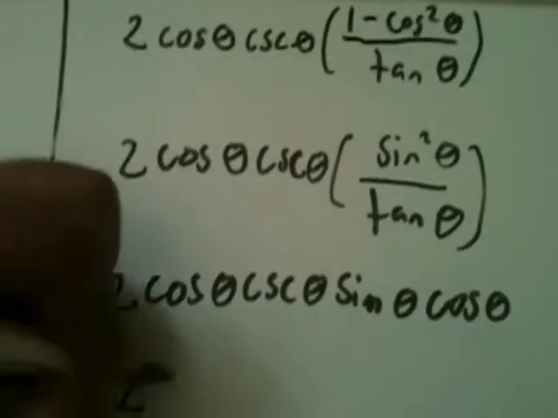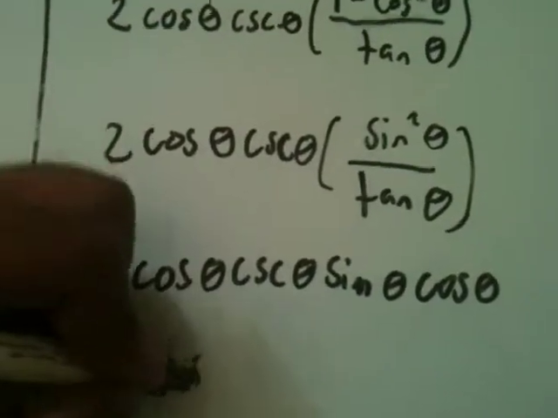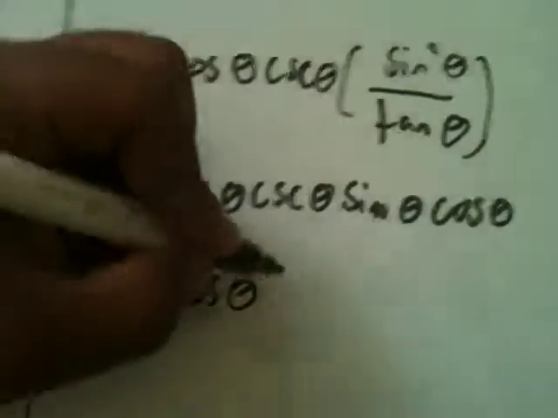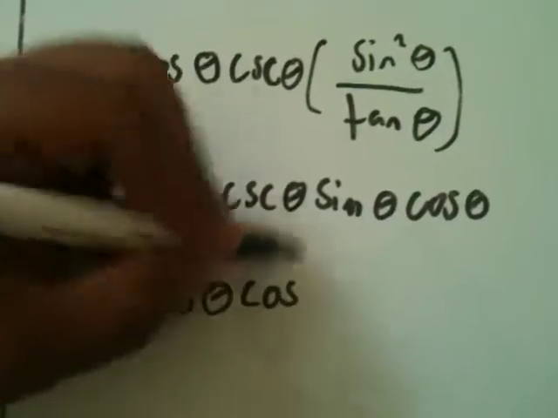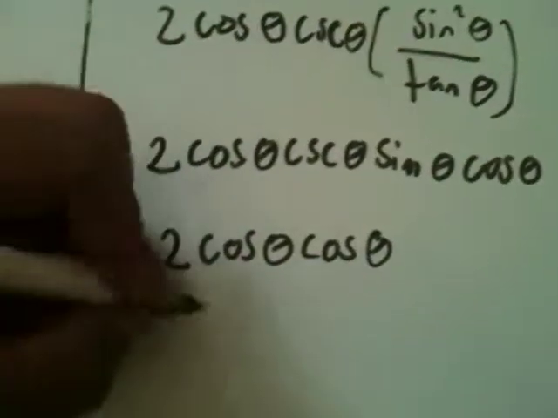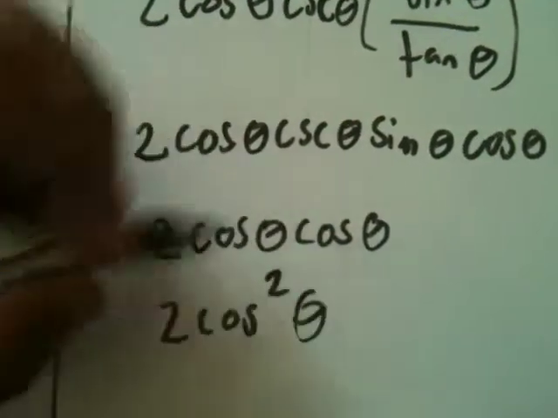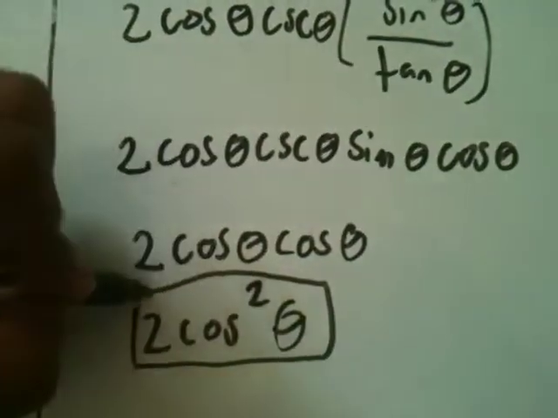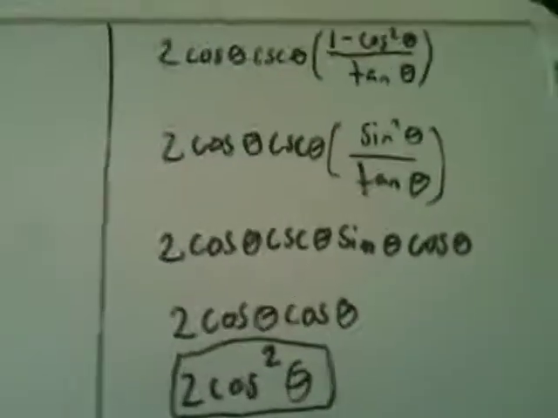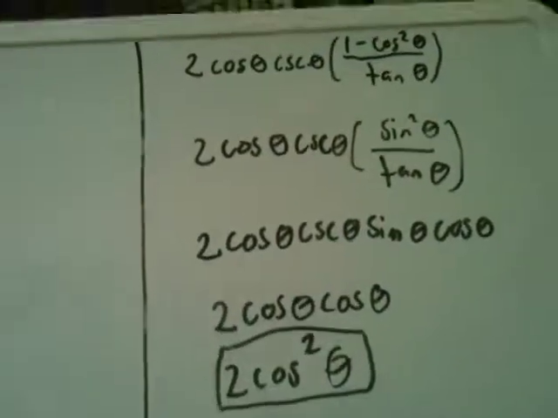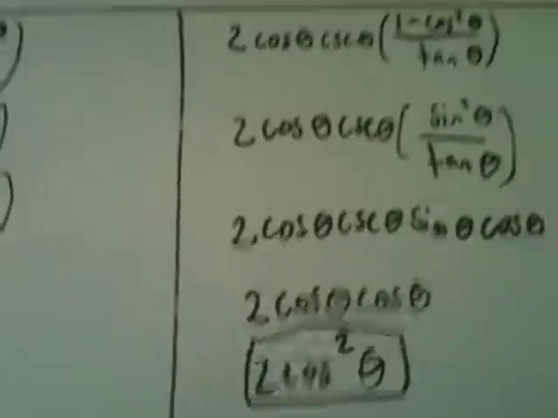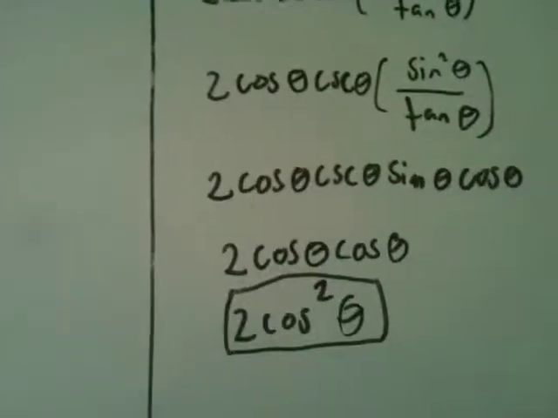So, I now have 2 times the cosine times the cosine. And this becomes 2 cosine squared of theta. In the next video we'll do 2 more, and I'll also introduce you to solving trig equations.